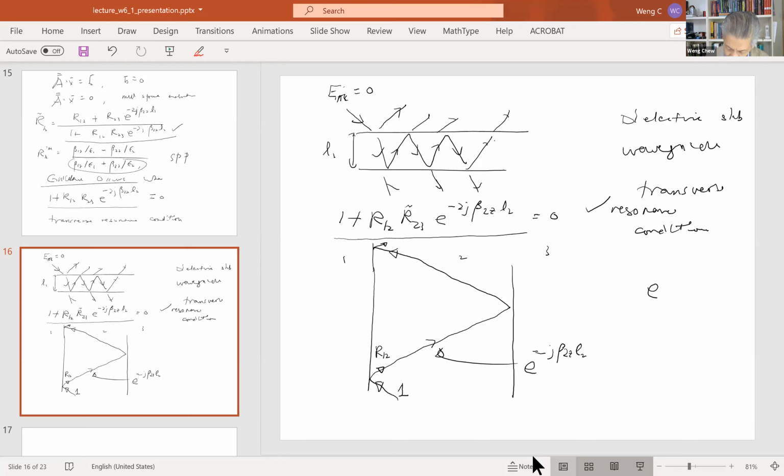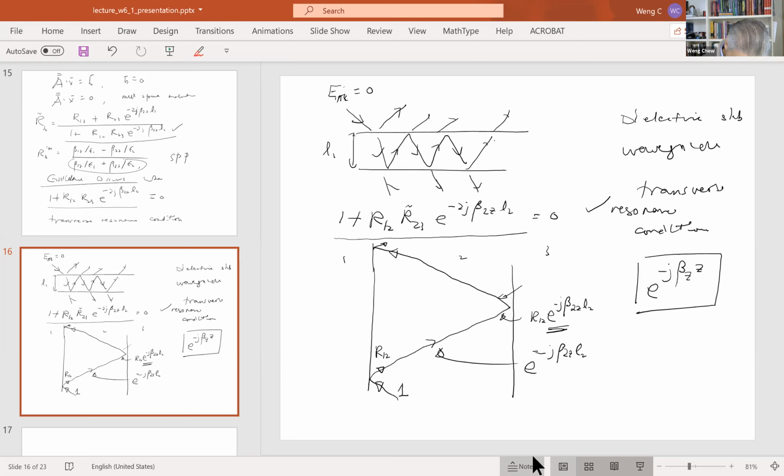As you know, in the frequency domain, a propagating wave is expressed by this expression. So as z increases, it acquires a negative phase. By the time it gets over here, the wave will have an amplitude of R12 and an additional phase of e to the minus j beta 2z L2.